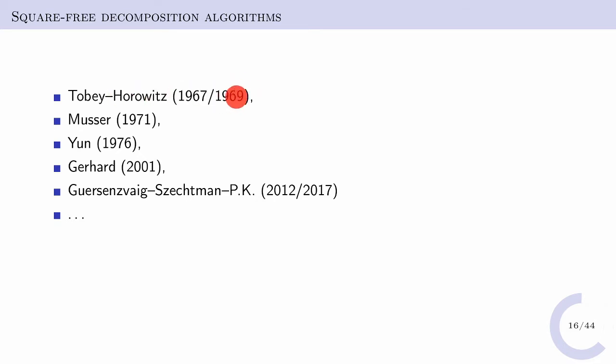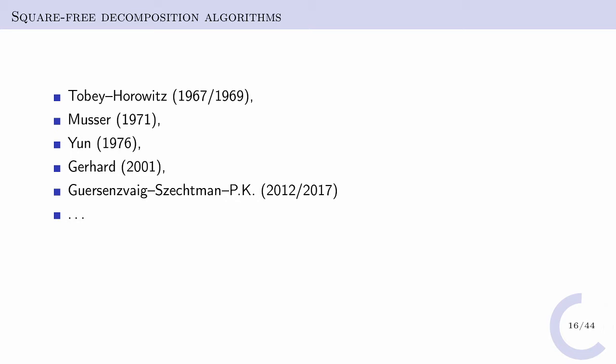They worked independently; they didn't cooperate. Since then, a number of other algorithms appeared: Musser, Yun, Gerhard, and Gathen, Zweig, Shetman. As you can see, the newest algorithm, the most modern one, is only 3 years old. It was published in 2017.